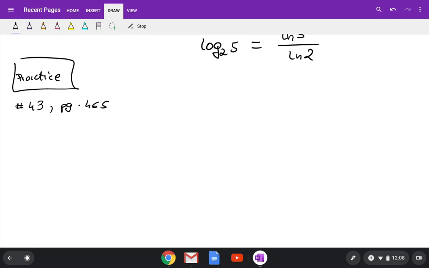So here, what they want you to do is solve the equation and round the answer to 3 decimal places.